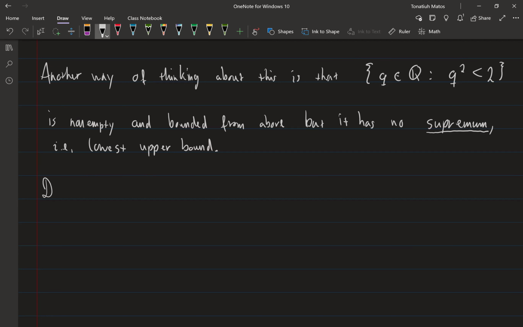Let me give you the most important definition of today's lecture. A sequence x sub n is Cauchy, and that's not a very nice notation. Okay, you know what? Let's just write it like this.